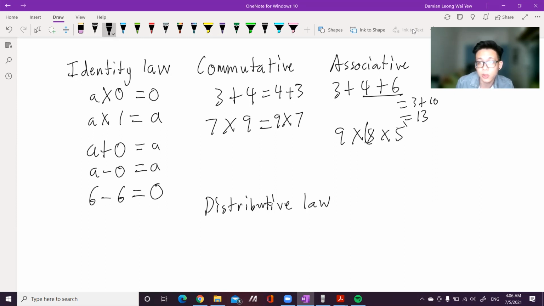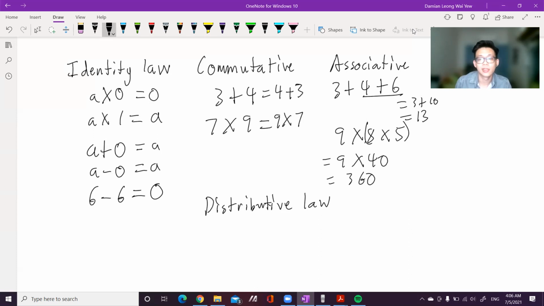So it's easier to do this one first, because 8 times 5 will be 40. Then 40 times 9 will be easy to count. 360. Associative. We pick which one to multiply first or which one to plus first, then it'll be easier to count.